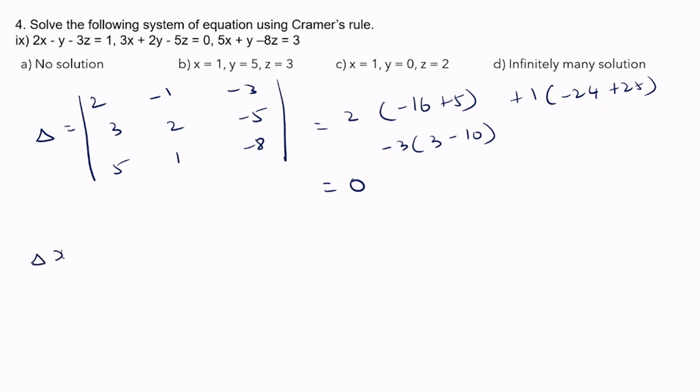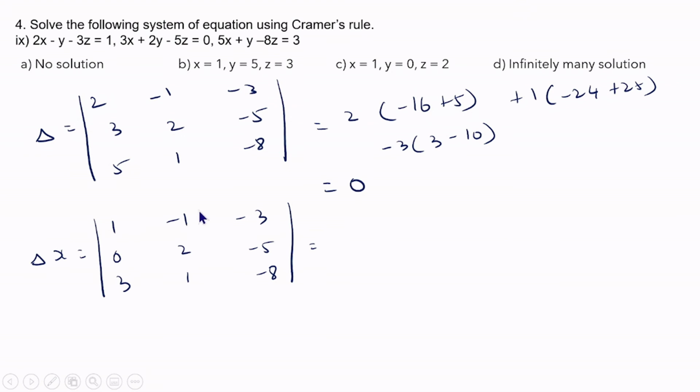Now delta x is equal to, in place of the coefficient of x terms, we have to have the constant terms 1, 0 and 3. So it is 1, 0, 3, minus 1, 2, 1, minus 3, minus 5, minus 8.